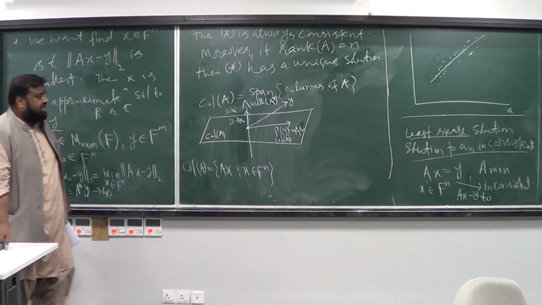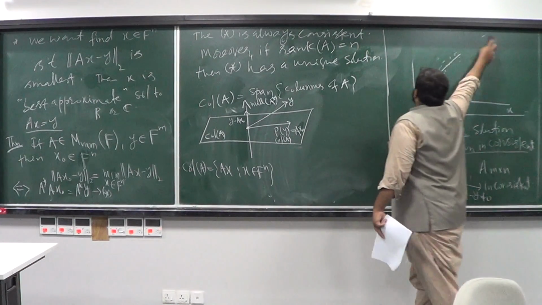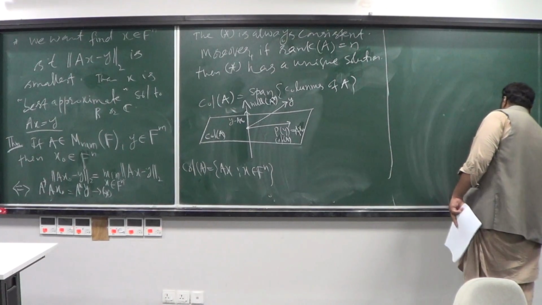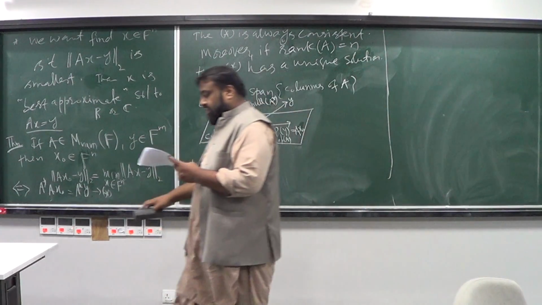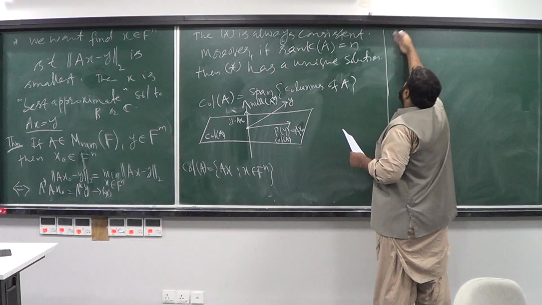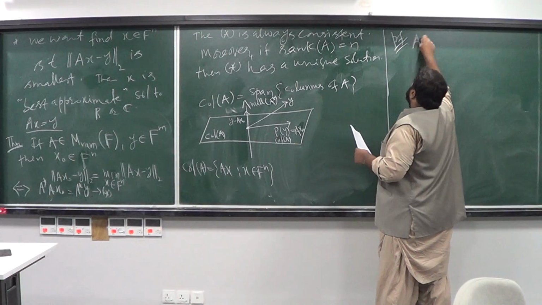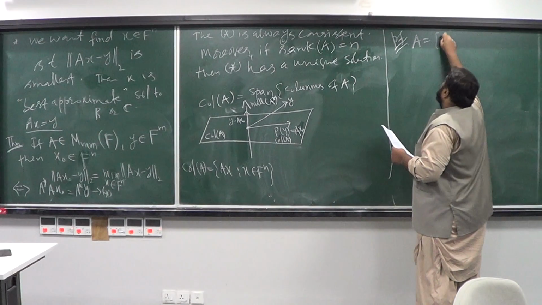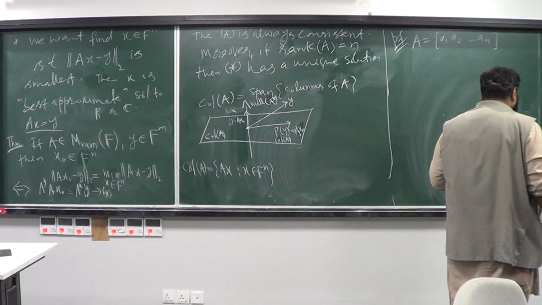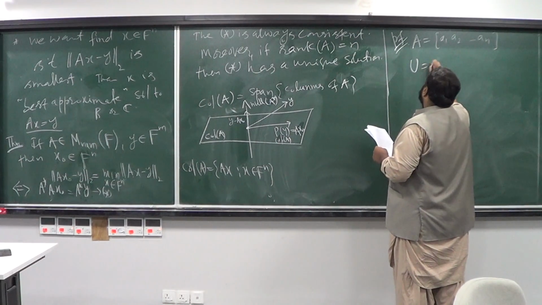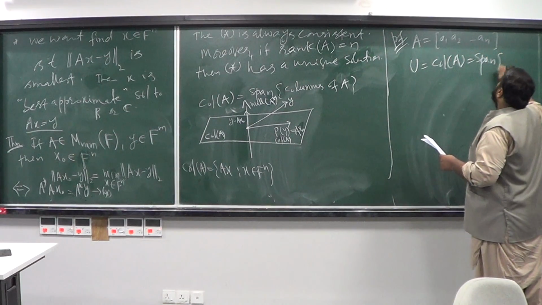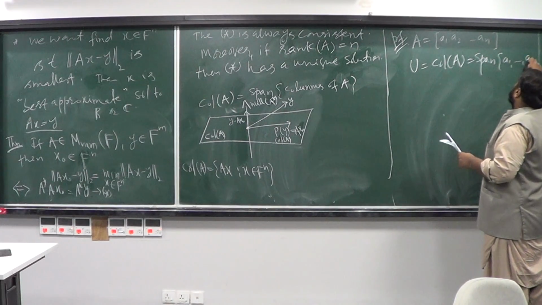Okay, so let's prove it quickly. Here's the proof of the result. Consider a matrix A that has columns A1, A2, up to An. So these are the n columns of the matrix A. And U is the column space of A, which is the span of these column vectors A1 up to An.